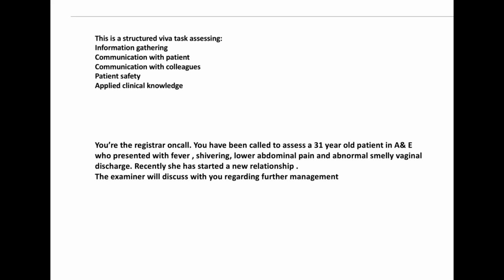Sometimes she may have this vaginal discharge for a long time, but she just mentioned it today and it is not related to her condition. So we need to know whether all of these symptoms came together suddenly recently after her new relationship or not. So that's regarding her current complaint.